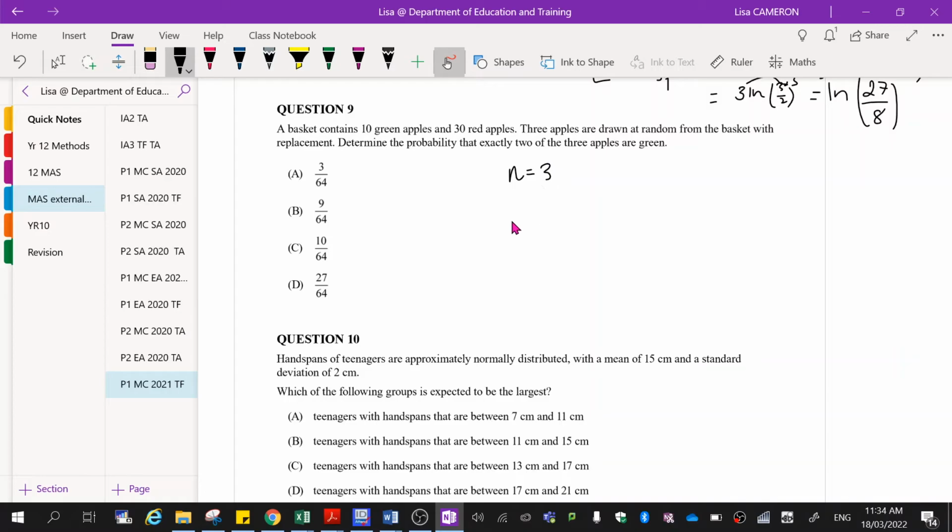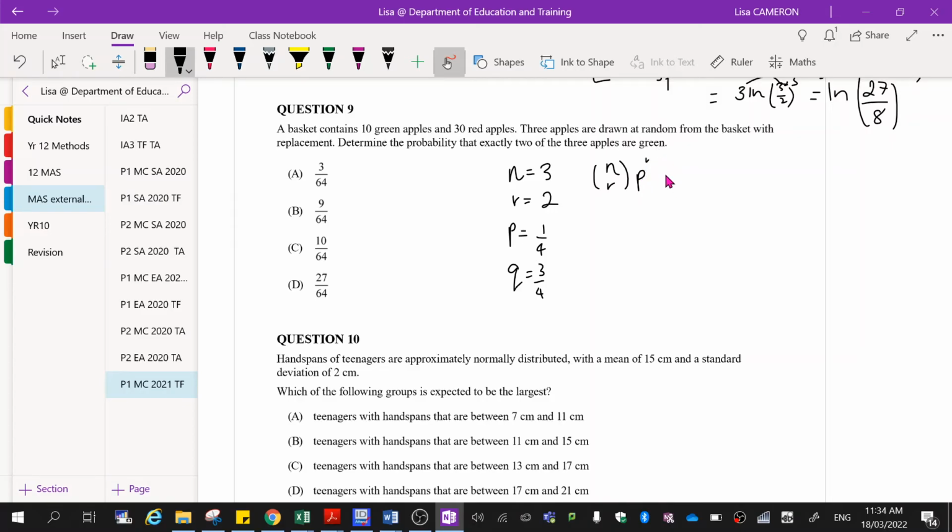Now, we're going to be doing 3 trials. Out of the trials, we want 2 successes. The probability of a successful green apple is going to be 10 out of the total, which is 40. So that'll be 1 in 4. And your probability of failure is going to be 3 in 4. Okay, so now I just plug it into the formula that's given to me on our formula booklet.